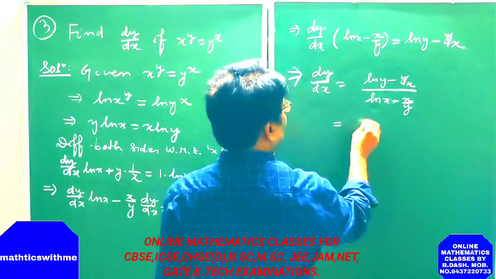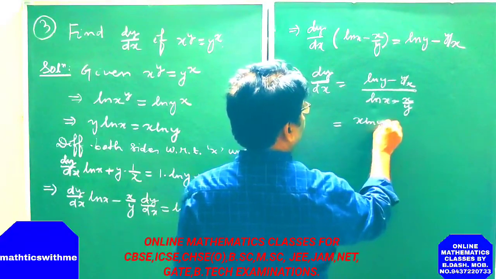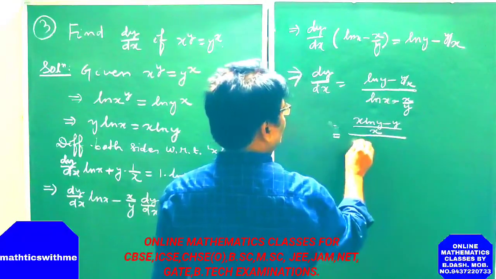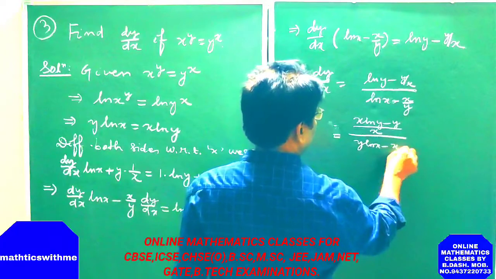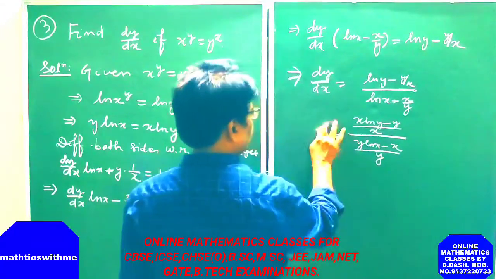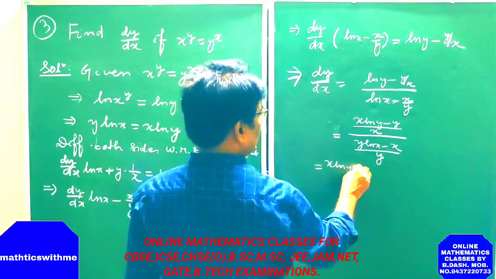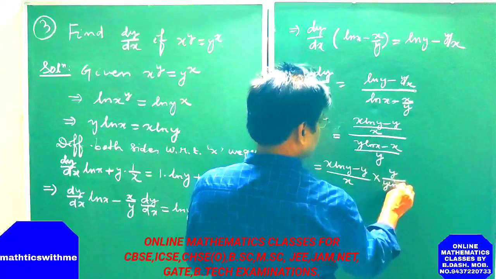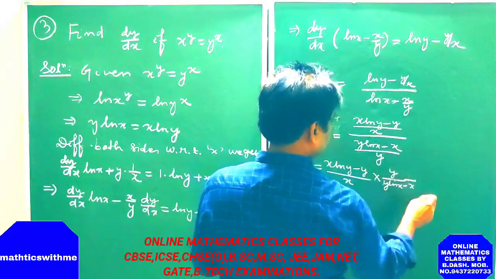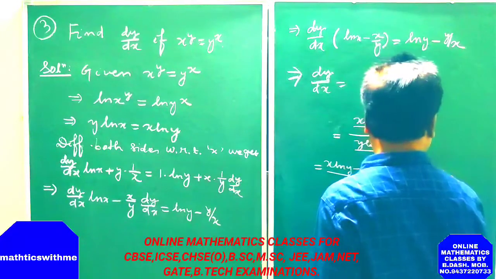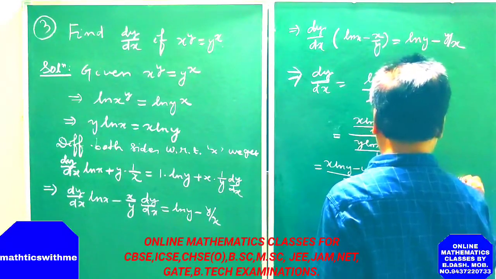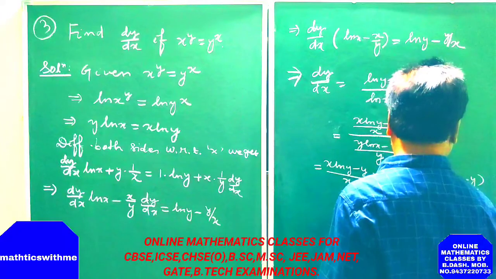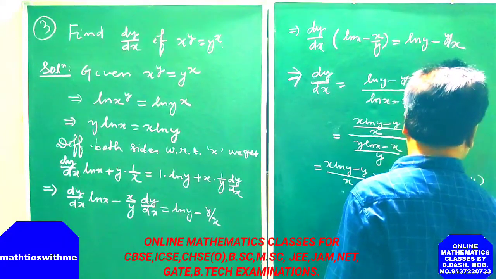So this is equal to ((x ln y minus y)/x) divided by ((y ln x minus x)/y). This is equal to y into (x ln y minus y) divided by x into (y ln x minus x). Answer.